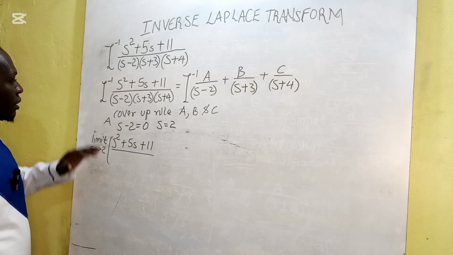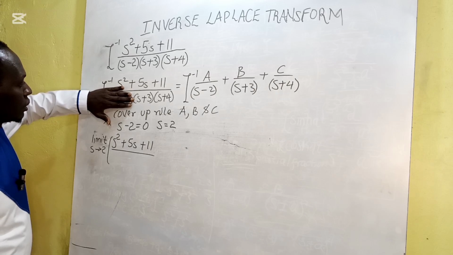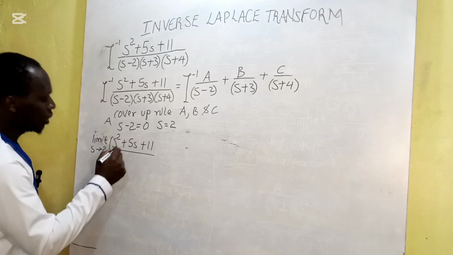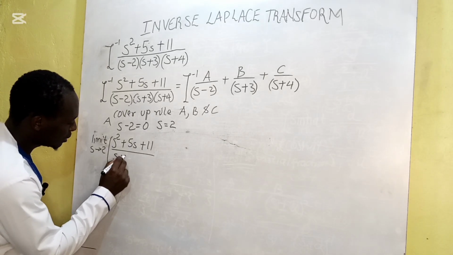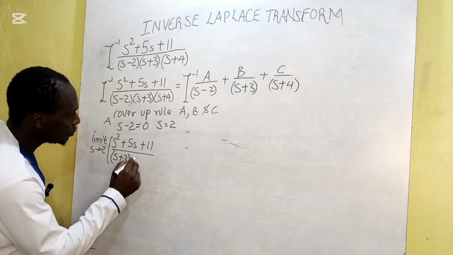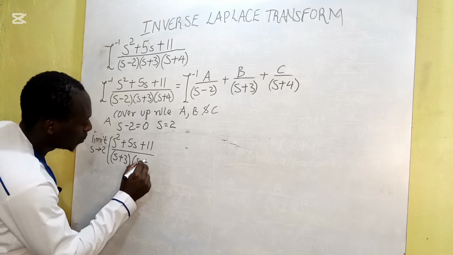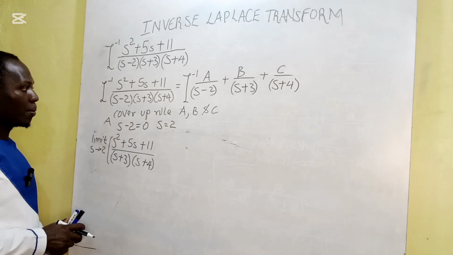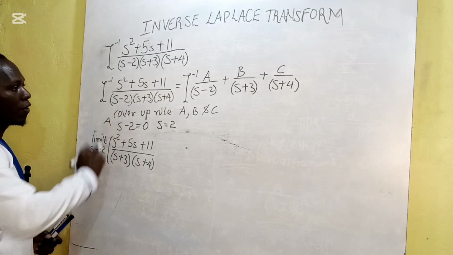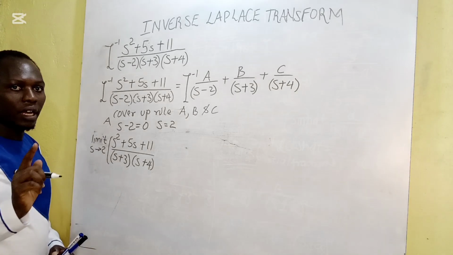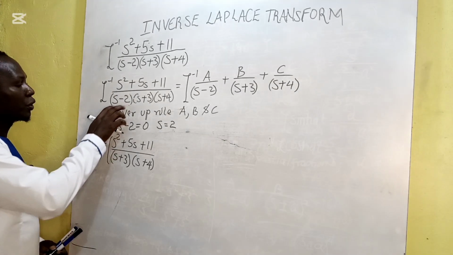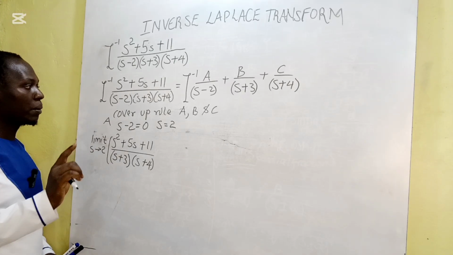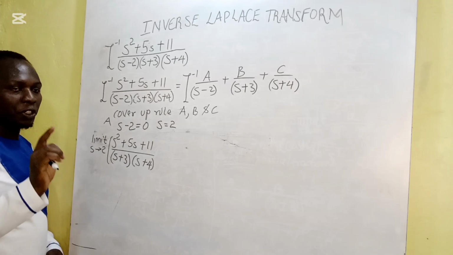This is what we refer to as the cover-up rule. We cover our term for A, leaving s + 3 and s + 4. It is only applicable to linear equations of first degree, not second degree.